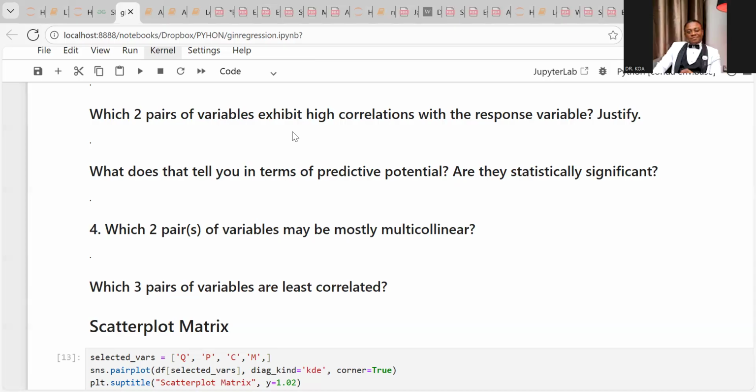There are two variables which are related to each other closely, but not in relation with the target variable. So they can't just be two variables. They have to be two independent variables.